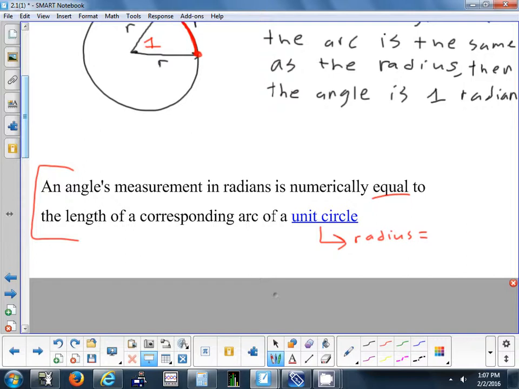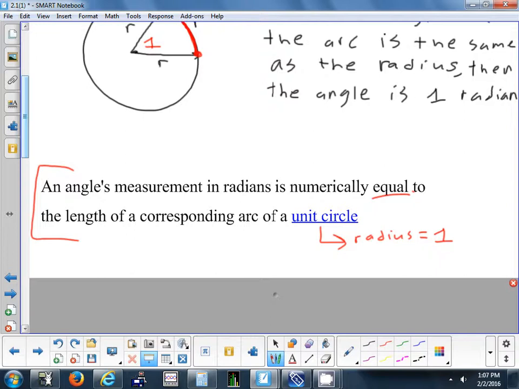Yeah, 1. That's all a unit circle is. A circle with radius 1. So again, measure the angle in radians, write that number down. Measure the length of the arc, write that number down. I guarantee you those two numbers are going to come out exactly the same, as long as you measure it on a unit circle.